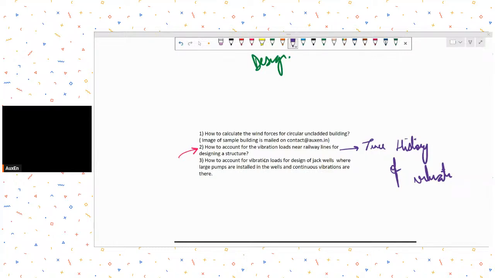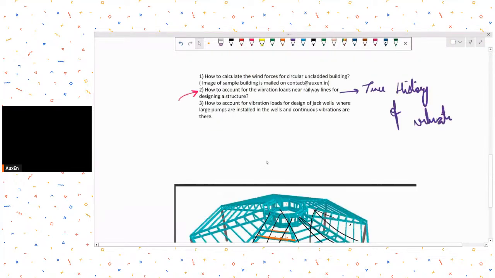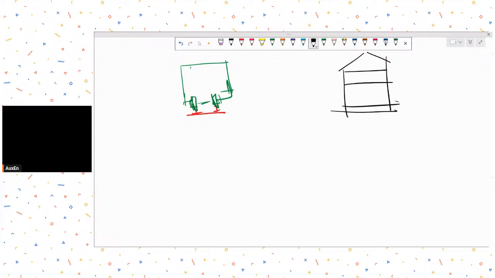But in many of the cases, what I have seen is people try to go for isolation more than trying to design for these vibration loads. What I've practically seen is, suppose this is your railway line, and the train is expected to pass on your track from here. And suppose you have a house over here. Now how to ensure that vibrations are not felt?